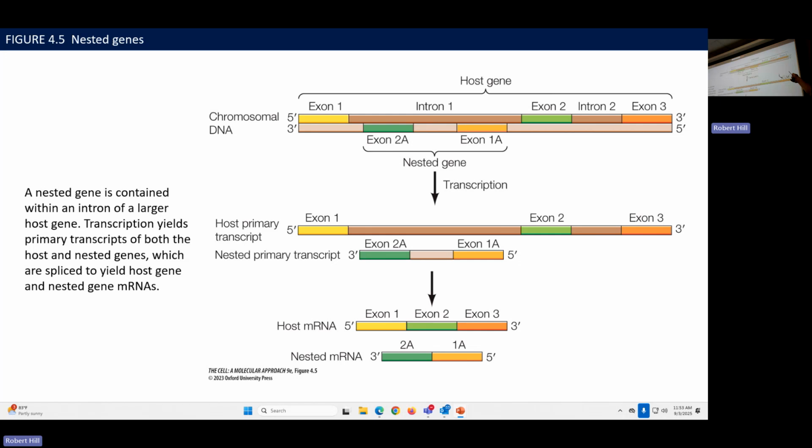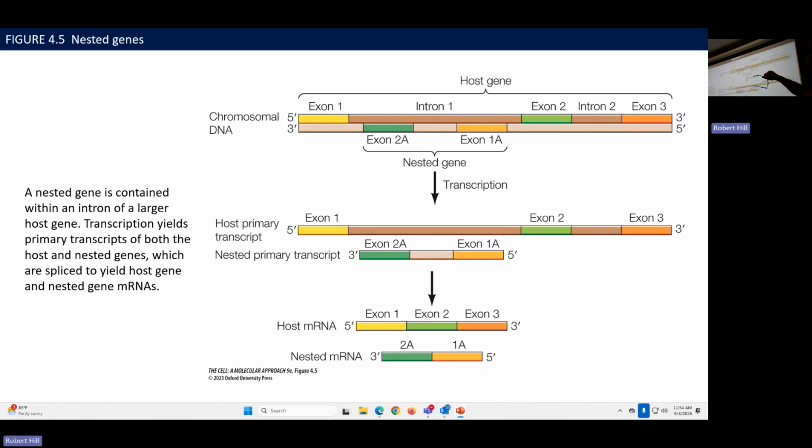So here you've got your host gene, and you've got the exons and introns dispersed out on one strand of the chromosome. So that strand is going to get transcribed, but nested on its homolog, you have another gene that contains here two exons.